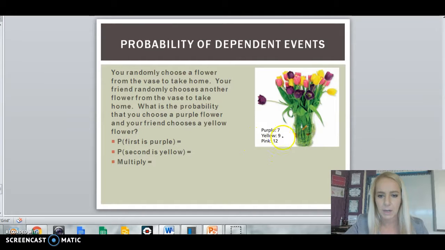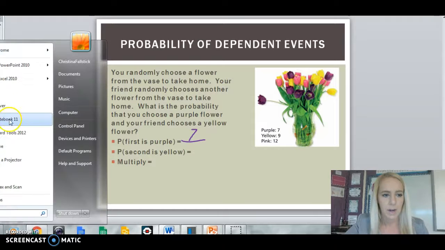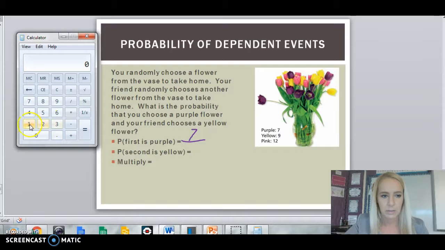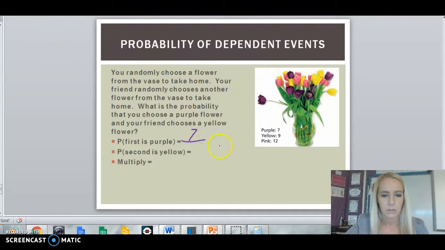Well, in our little key here, we have 7 purple flowers out of how many flowers total. In order to find that, I'm going to add all of these together. So we have 12 plus 9 plus 7, equals 28. So there's a 7 out of 28 probability of picking a purple flower.